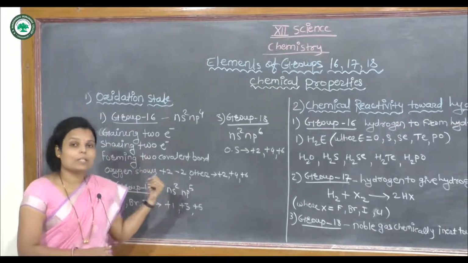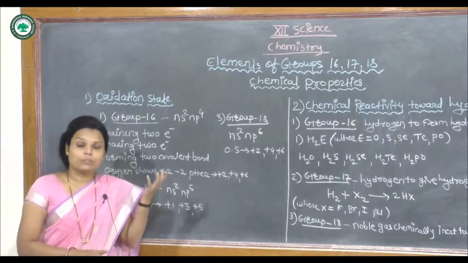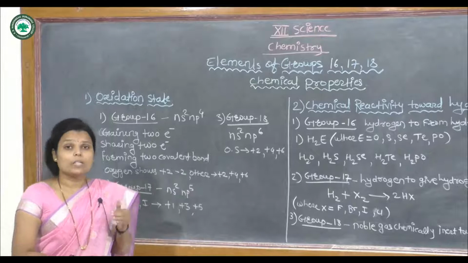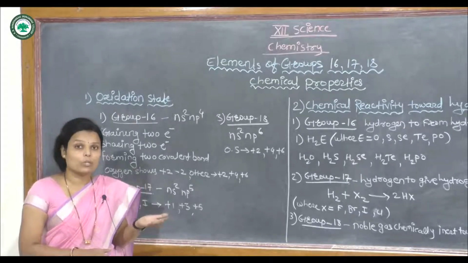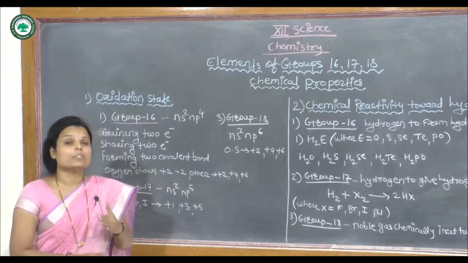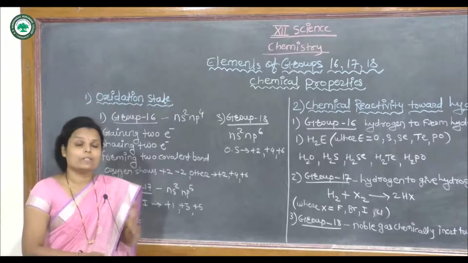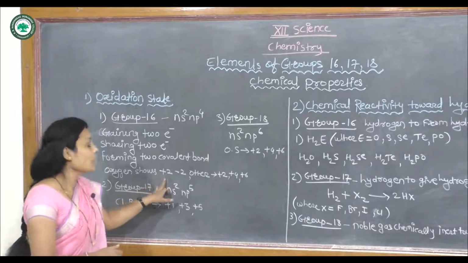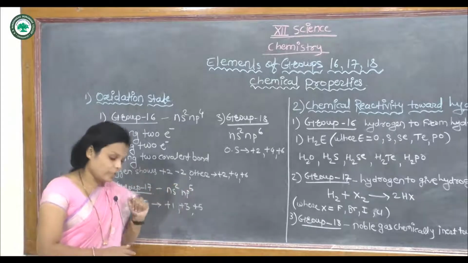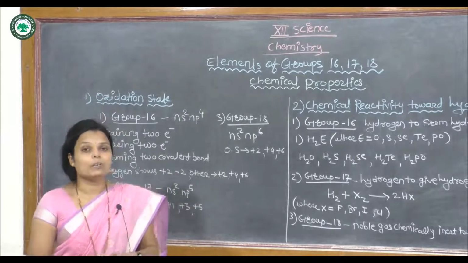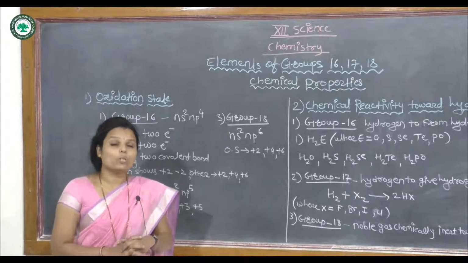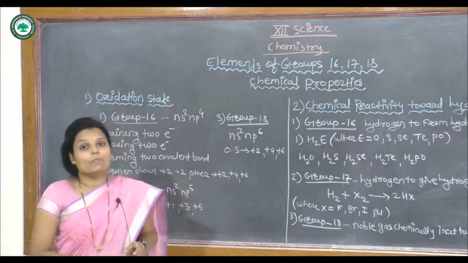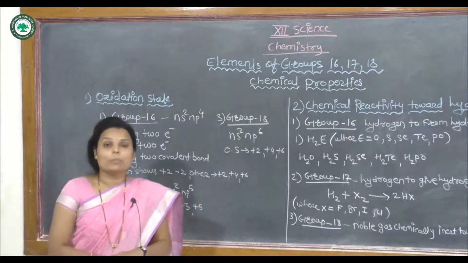That is why they show a number of oxidation states. Oxygen is the first element of group 16, and we know that oxygen is the most electronegative atom, so it shows +2 and -2 oxidation states. In this group we also have the elements sulfur, selenium, tellurium and polonium.